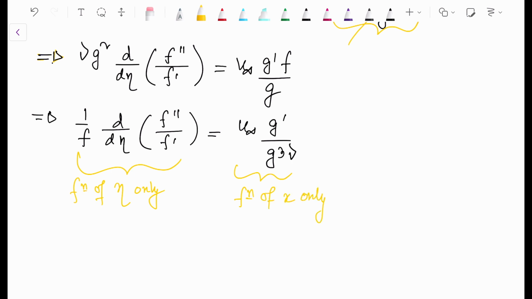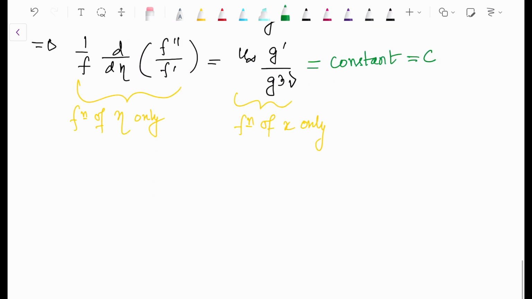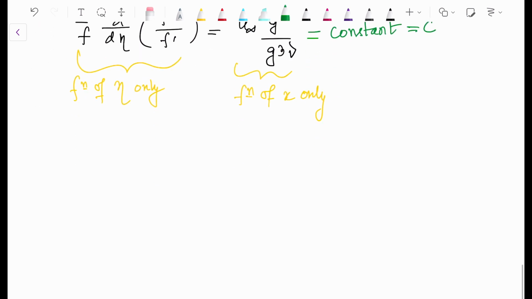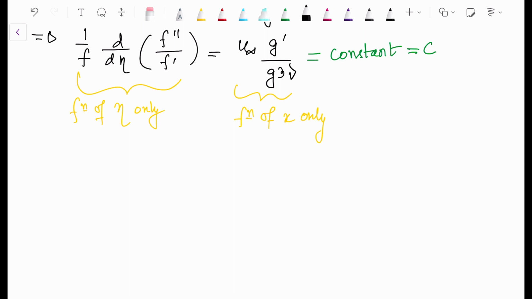A function of eta only is equal to a function of x only, and that is possible only if both of these are equal to a constant, let us say c. So let us proceed with g dash by g cube nu equal to c.